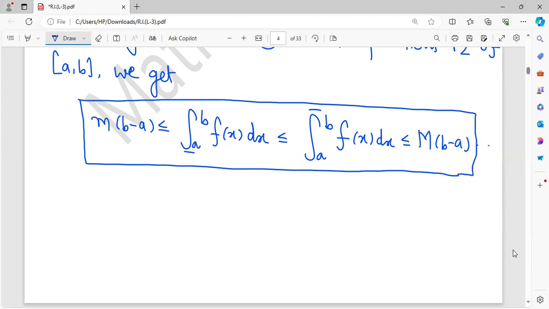Okay. Now how to calculate the upper integral and lower Riemann integral?